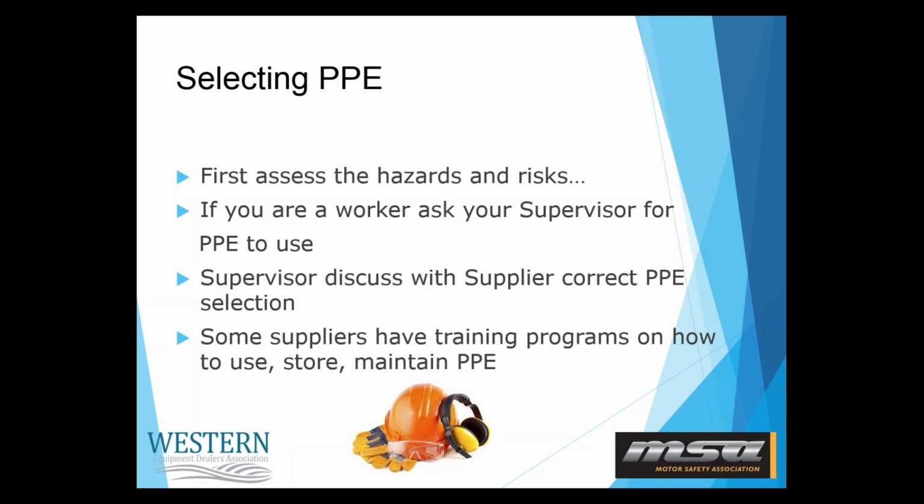We may also look to our safety data sheets because that will indicate certain personal protective equipment requirements. But if I was a worker, I could ask my supervisor, what kind of personal protective equipment do I need to use? It is the supervisor's responsibility to provide the personal protective equipment to the worker and inform them of their PPE requirements.